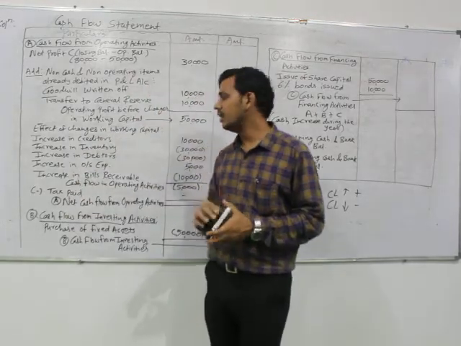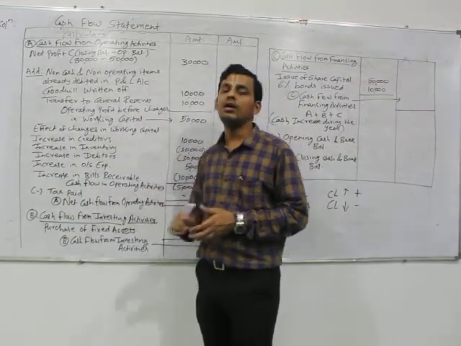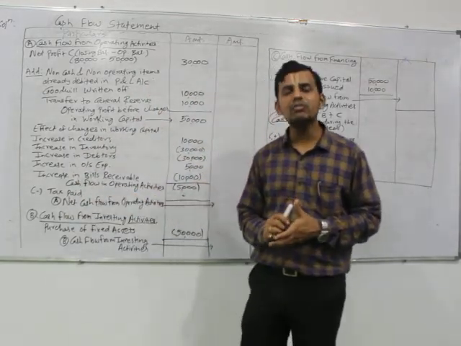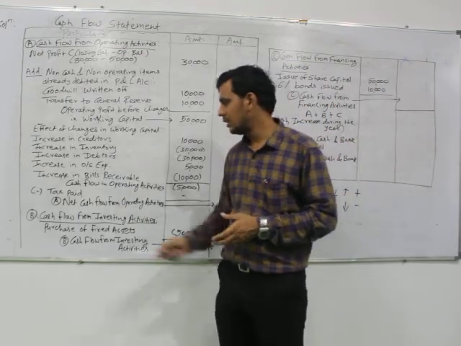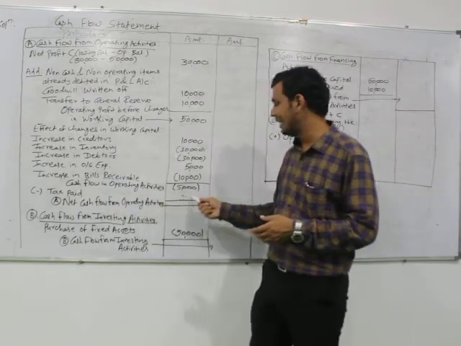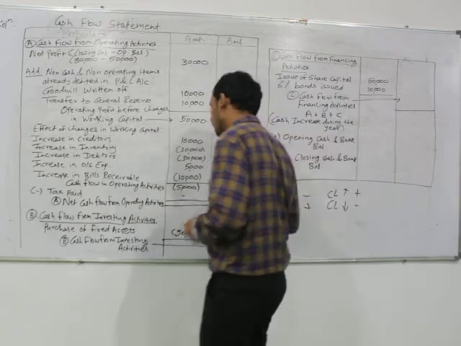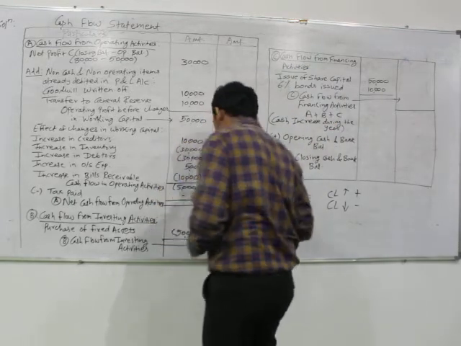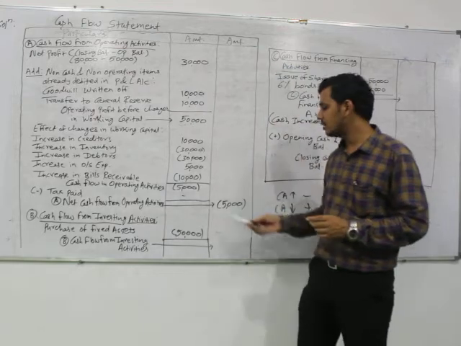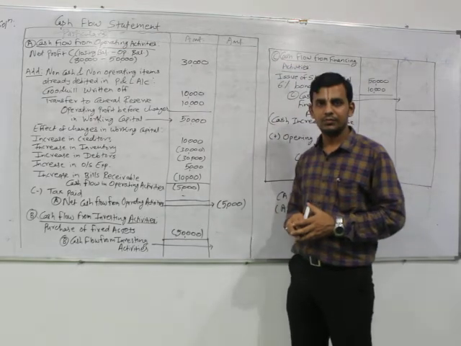But there is another segment: whether we have paid any taxes for the current year. In this particular question there are no taxes, hence we have marked it nil, and therefore our net cash flow from operating activities amounted to rupees negative 5,000.